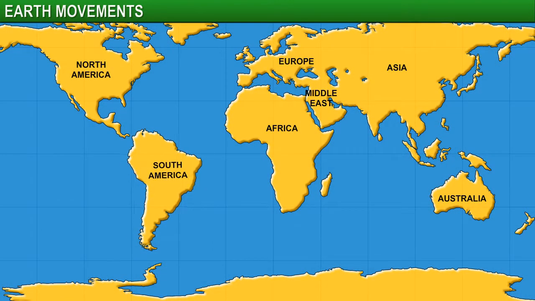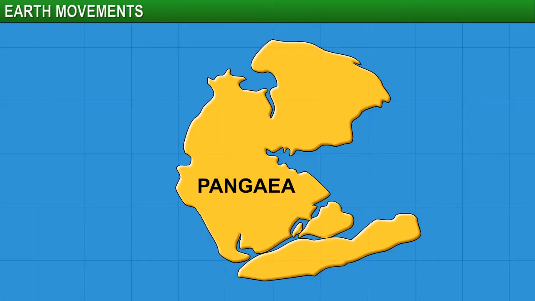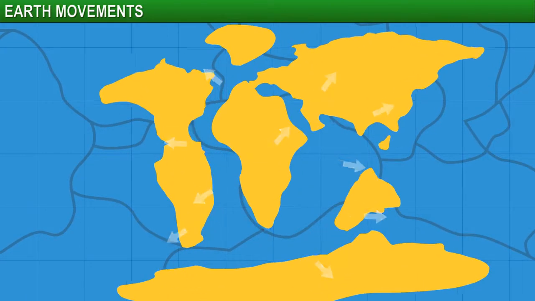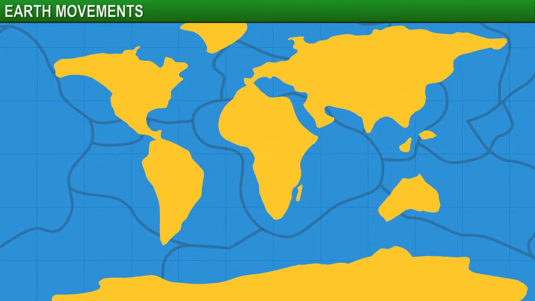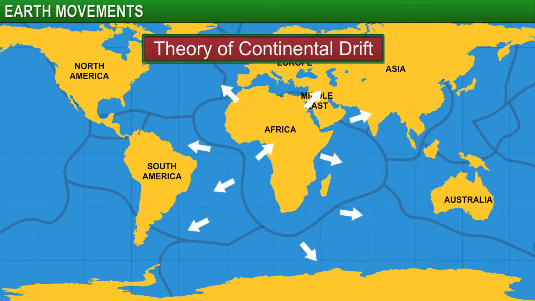Just like these were two pieces of a huge jigsaw puzzle. The theory of the splitting of the big landmass into 7 big continents is known as the theory of continental drift.